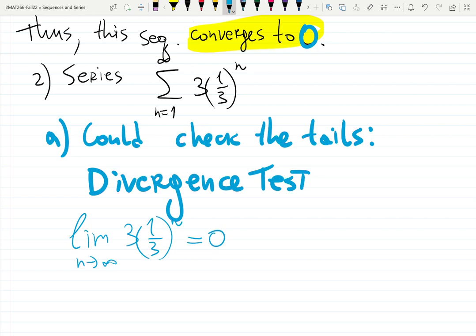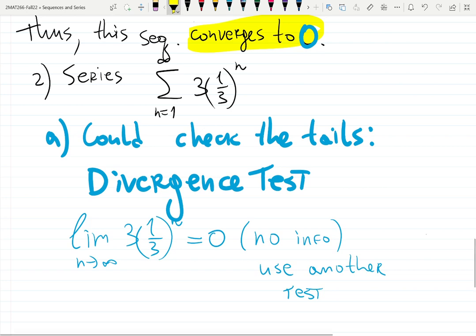Just like we already agreed together, it gives you 0. So that is no info. No info, use another test, or another way. So that's the thing. The divergence test tells you when the series diverges. But if it gives you 0, then it might not be enough to claim that it is divergent or convergent. You need to use another test.